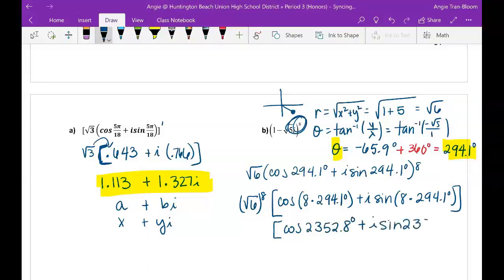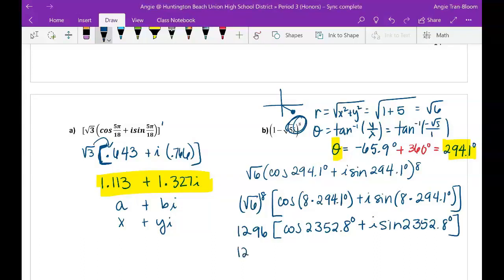I'll bring down the radius in just a second. Since I have this on my calculator, I don't want it to go to sleep, so I'm going to copy that down. Rad 6 to the 8th, the radicals are gone, is just 1296. That's your radius. No, we're not going to keep it in polar. We're going to convert it back to a plus bi. What is cosine of that huge number?